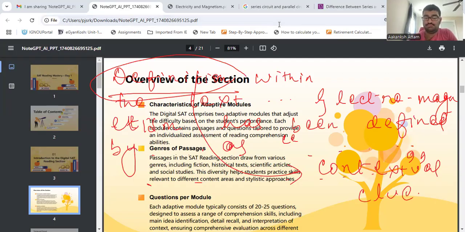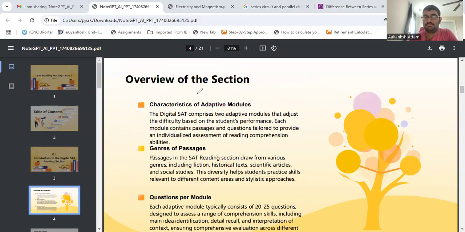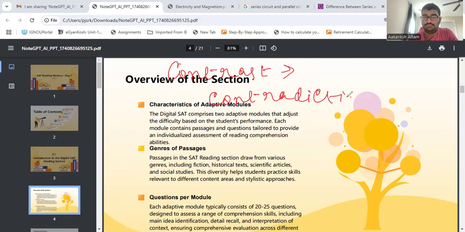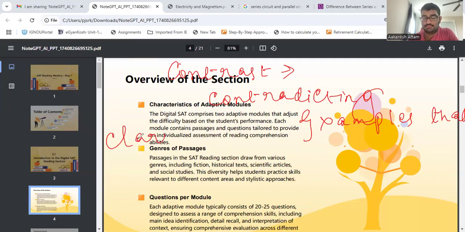Contrast. You are well aware of what a contrast is all about. Contradicting. Examples that clarify the meaning.